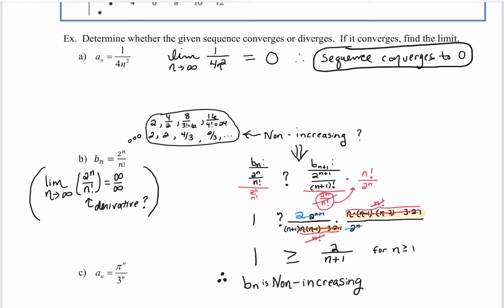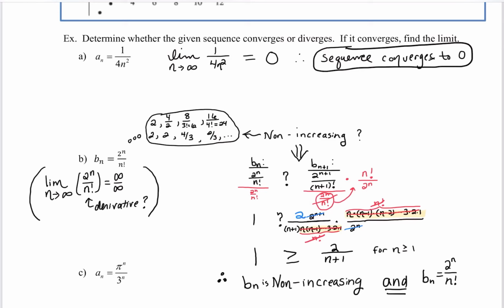So if we're non-increasing, so decreasing with equality, and we can also find a lower bound on this sequence, then we'll know it converges. Let's observe one other little fact here. This sequence b sub n equal to 2 to the n over n factorial for n greater than or equal to 1 is certainly never going to get to 0.